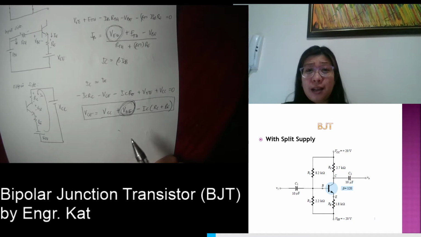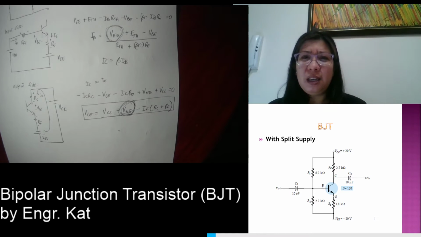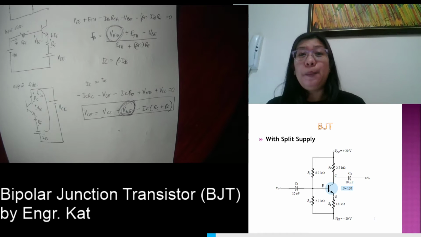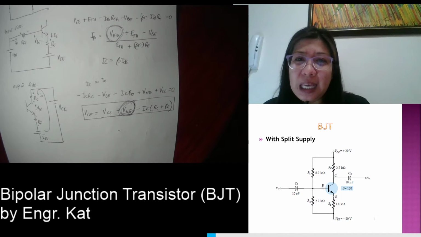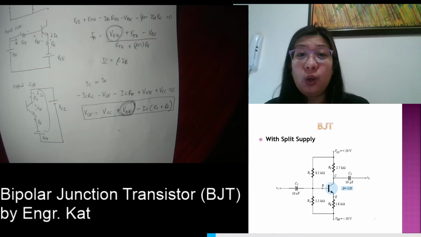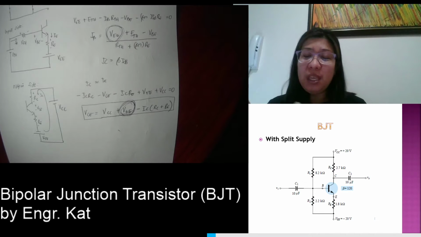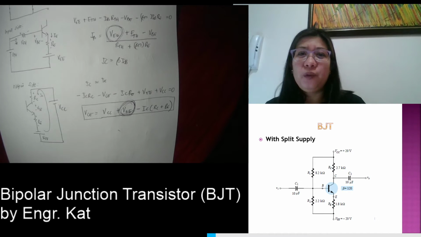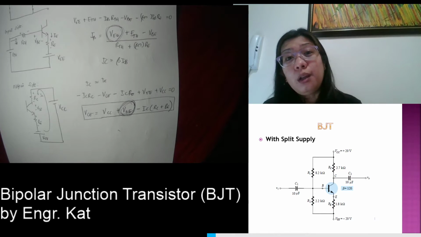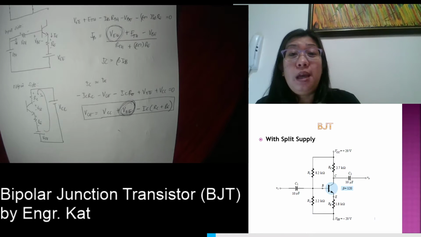So you can still encounter different circuits. We cannot discuss each one by one, but as you can see, the procedure is the same. All you have to do is separate the input side from the output side, and then solve for the applicable input voltage. In almost all of the circuits that we have discussed, it is IB, and then you have to relate IB to IC.